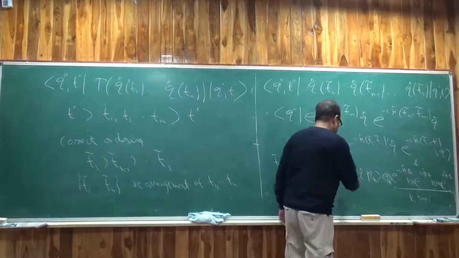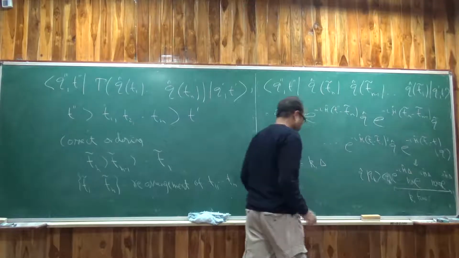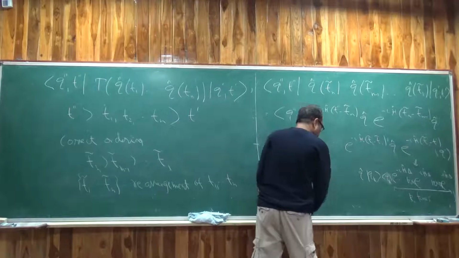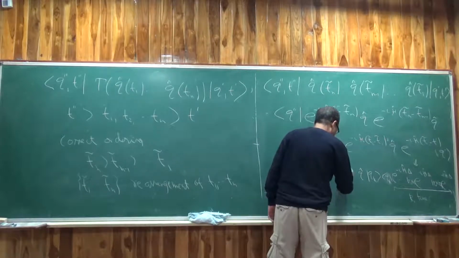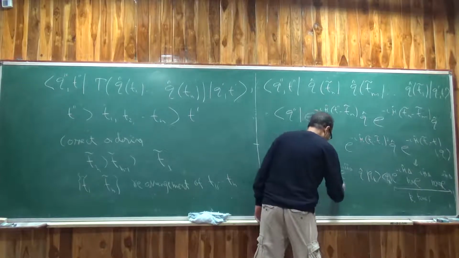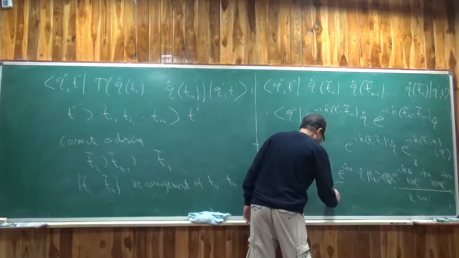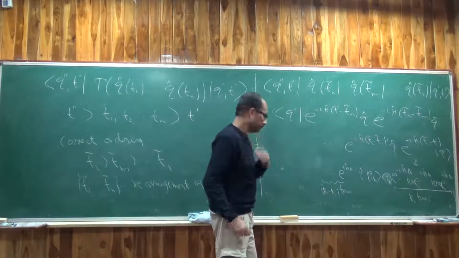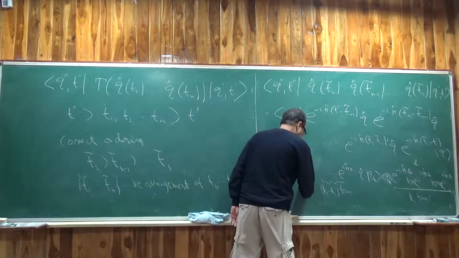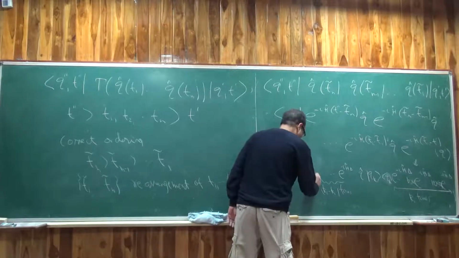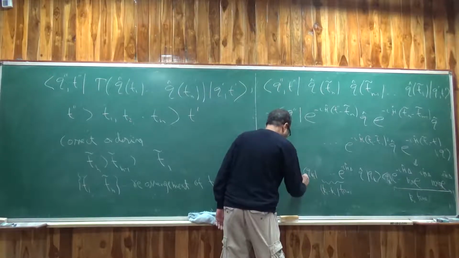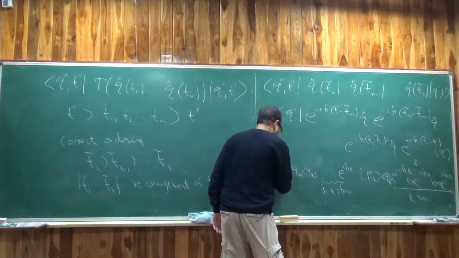Then it's the usual stuff: e to the minus i h hat delta, now there will be k2 minus k1 times. Here you will get q_k2, and then another factor of q hat inserted.